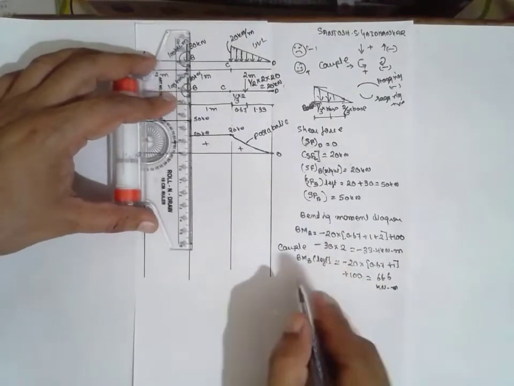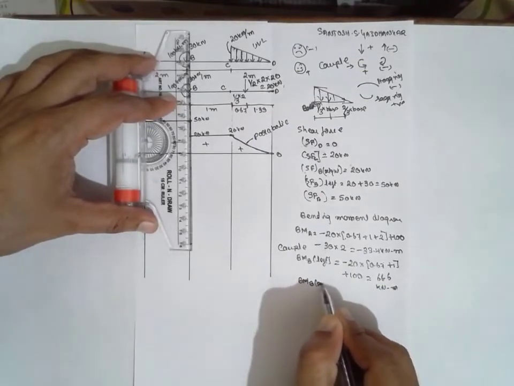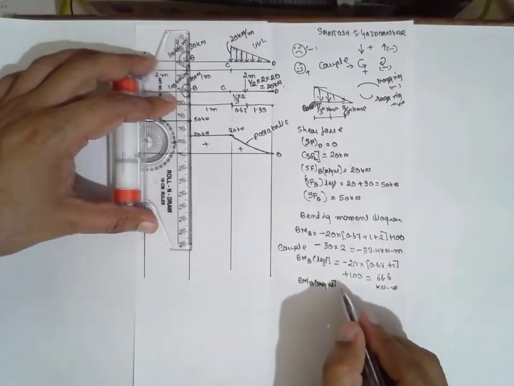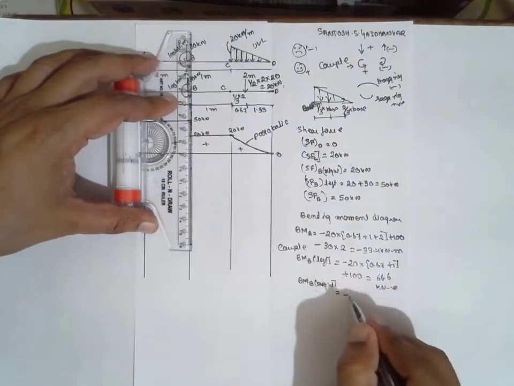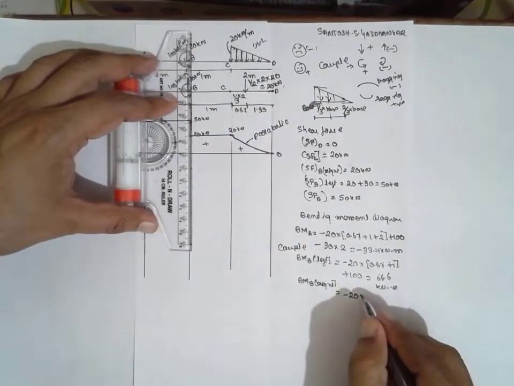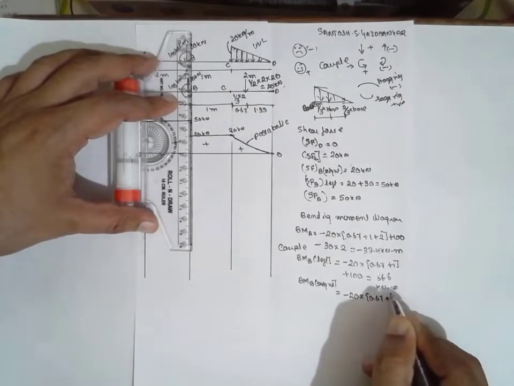Next on the right side, BMB on right. Whenever a couple appears, you have to take left and right. Now, on right, minus 20 into distance 0.67 plus 1.